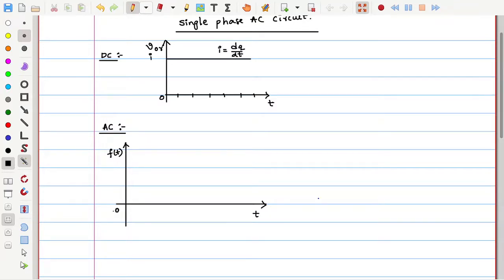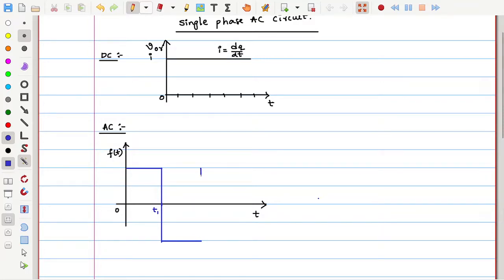Now see that if I have a function with a constant value for a certain time duration, say from 0 up to some time instant t1, then after t1 it suddenly drops down to a negative value, and from the negative value it stays constant for some more time.